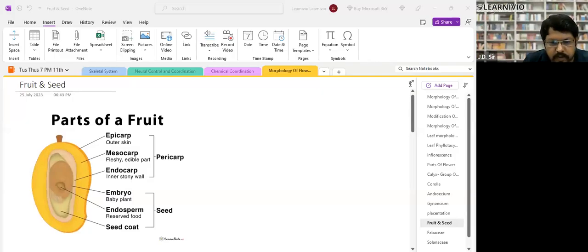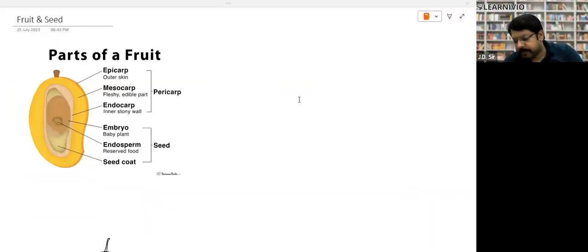Fine. So look, now try to understand. First, I'll let you know what the fruit is, what the parts of the fruit are, and its structure. Then we'll discuss the rest.